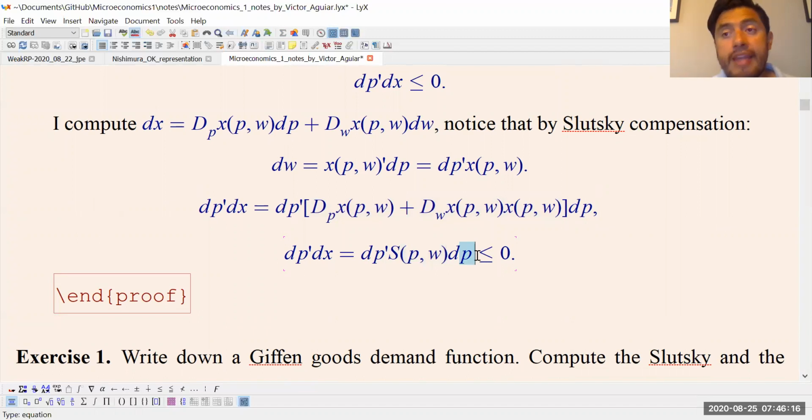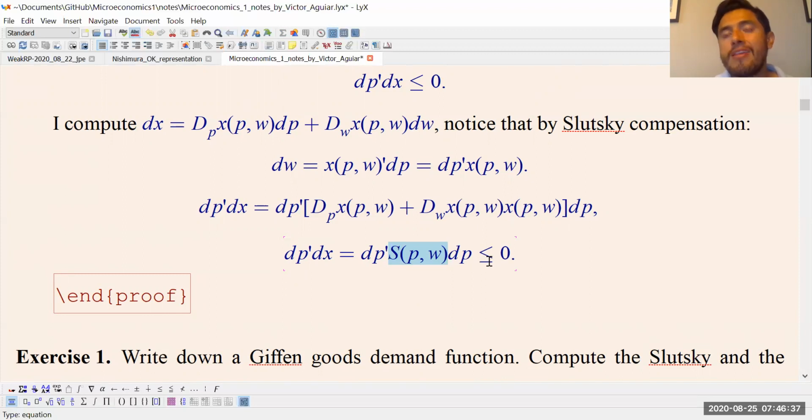Remember, dp is any change in any direction, so this is pretty much an arbitrary vector. The only thing we're doing is shrinking it to make it super small. And we're saying that for all such vectors, this matrix will give you a negative value. So this is a generalized notion of negativity for matrices.